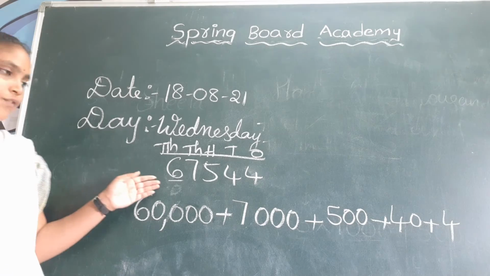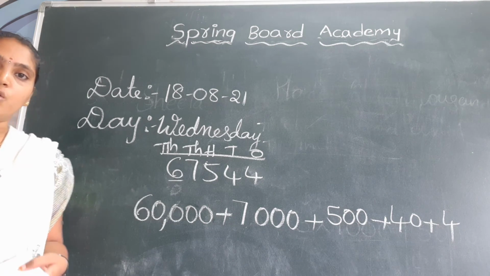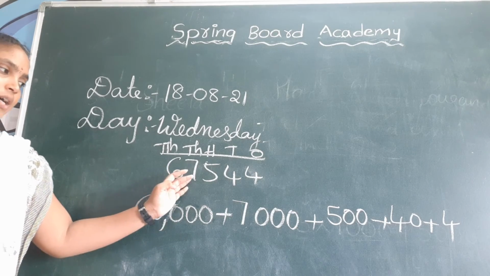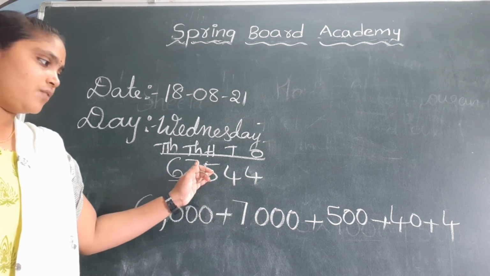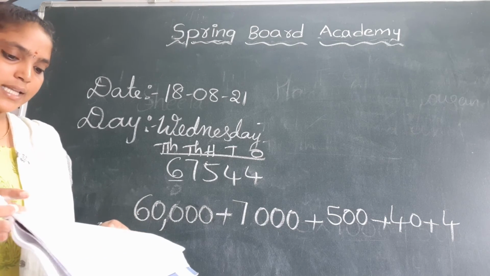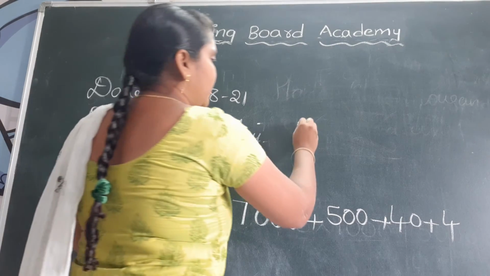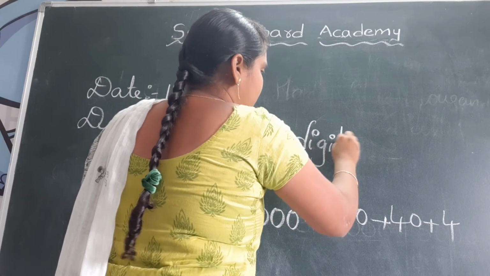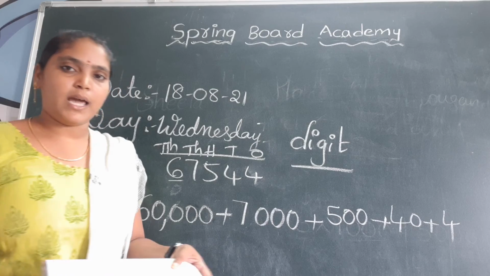The expanded form helps us to know the value of each digit. The value of 6 is 60,000, the value of 7 is 7,000, the value of 5 is 500. So we can say that the expanded form of a number helps us to find the value of each digit. So write digit in that blank.